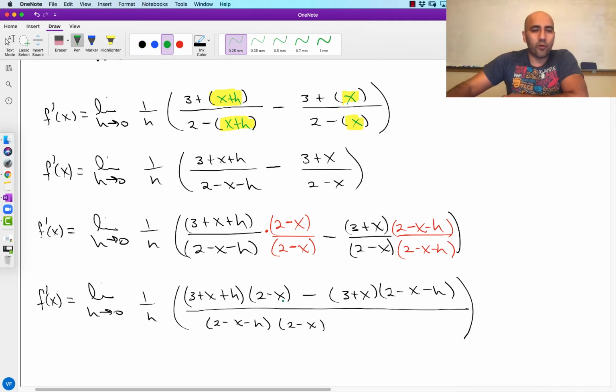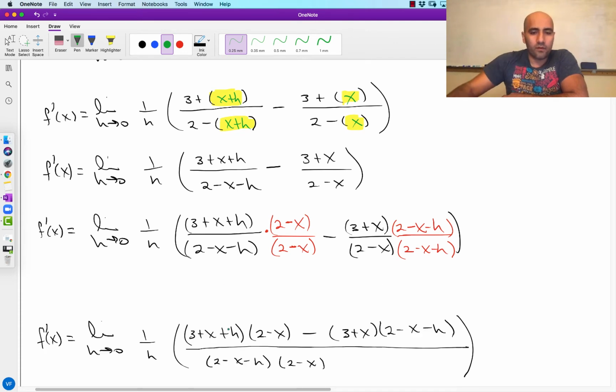Okay, so we're going to have to FOIL these. When we FOIL these, we get the following. Foiling these means I'm going to multiply 2 by all of these, so I'll get a 6 plus a 2x plus a 2h. And then I also have to multiply minus x by all of these, so minus 3x minus x squared minus xh.